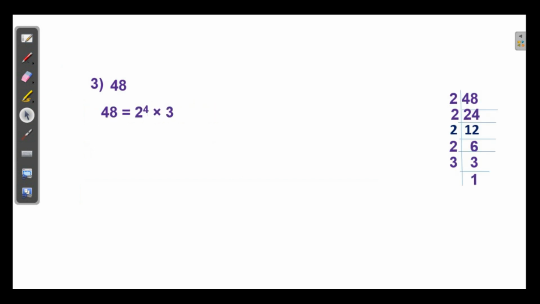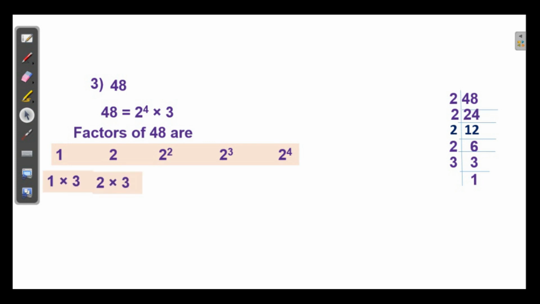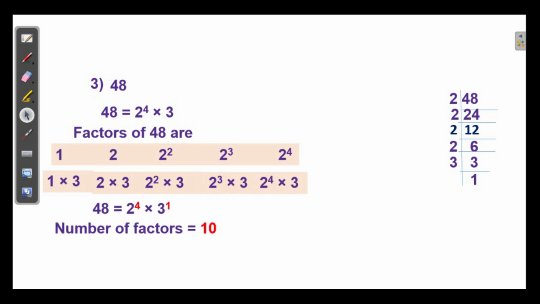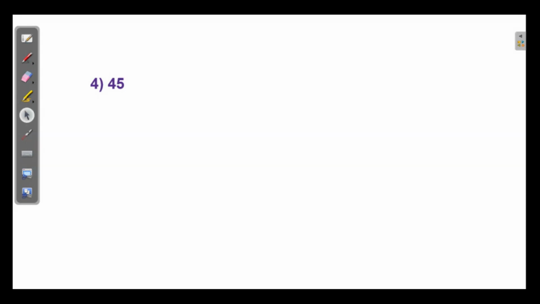Next, 48, which is 2 raised to 4 into 3. How will we list the factors? 1, 2, 2 square, 2 cube, 2 raised to 4. Then next row 1 into 3, 2 into 3, in this way. So the number of factors is equal to 10, here 5 into 2. The fourth one is 45.